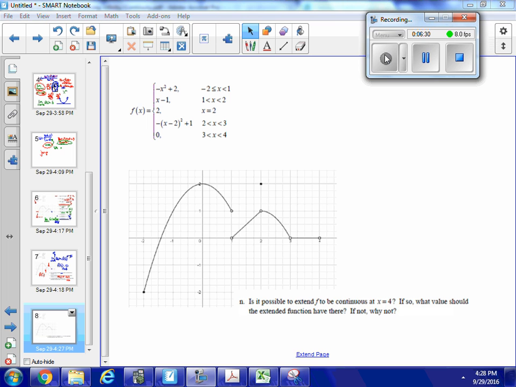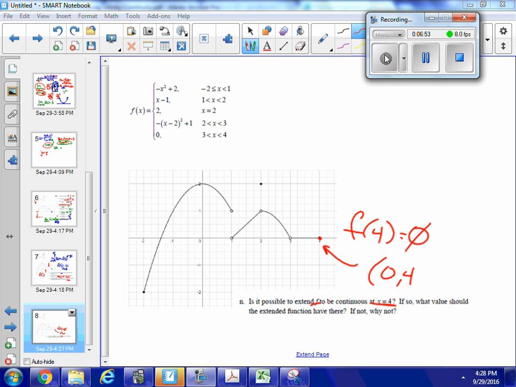Is it possible to extend the function f to be continuous at x equals 4? Well, it's a little bit tricky because it kind of ends right there at x equals 4, but it ends, so that's an endpoint. To make it continuous, all I need to do is fill in that endpoint. So if I define f of 4 equal to 0, and I have the point, whoops, 4, 0.